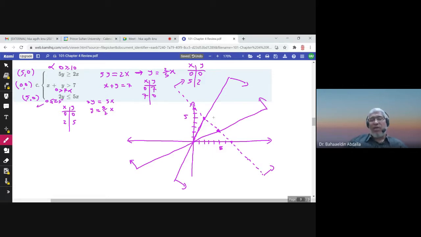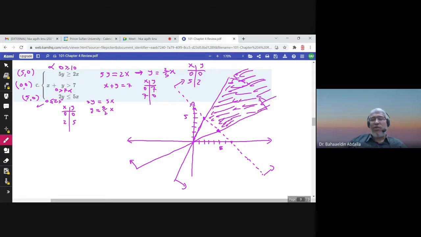So now where is the region that contains all of these conditions, satisfies all of these conditions? It is clear that it is this region between these two lines and up to here.